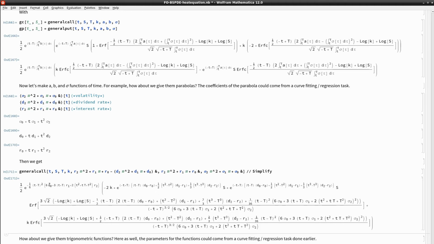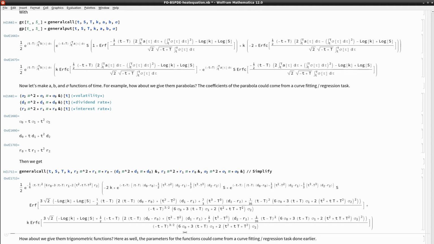So we have R0 in here, we have R1, we have R2, and we also have a sigma 0, sigma 1, sigma 2, right?